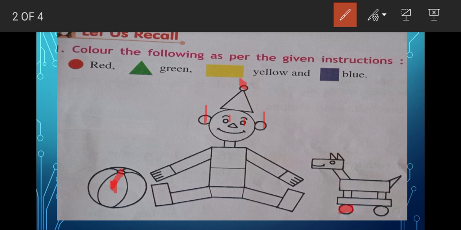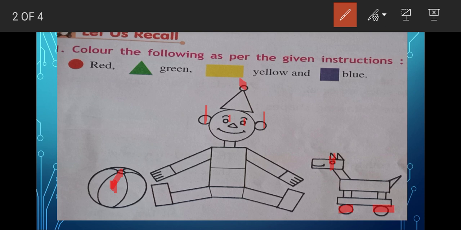The wheel of this toy should be red. You have to color it nicely. Any more? Yes, the eyes of this toy are also red, only the eyes. Anything left out to be colored red? Any more circles? I can't find any more. If you get, you may do it.